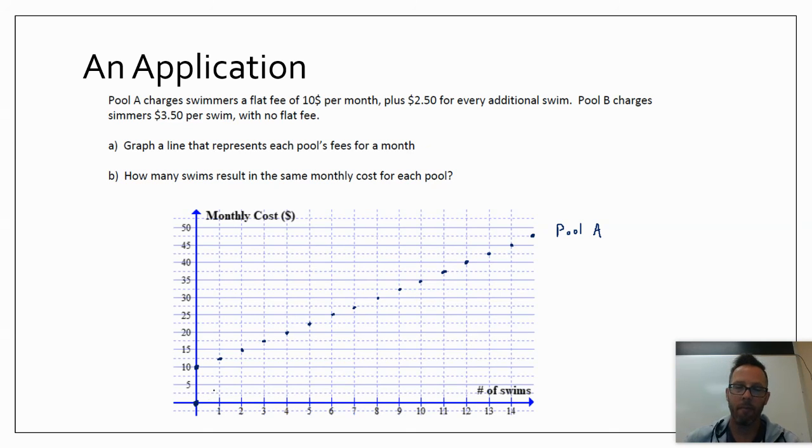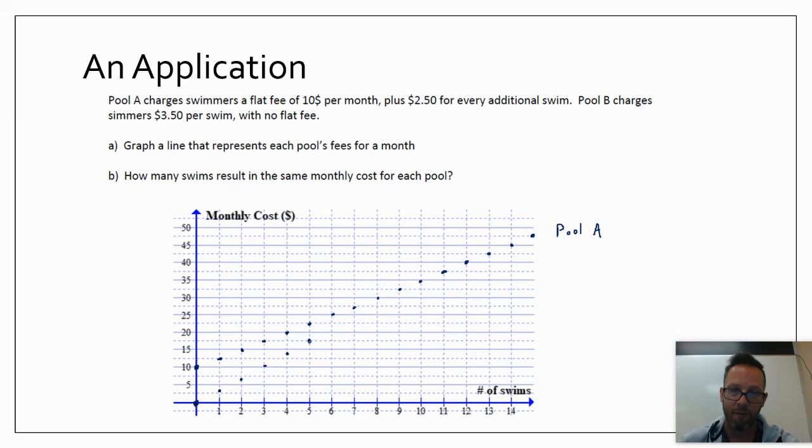Then every additional swim is $3.50. So we just have to keep a mental track of each point here. So this will be about $3.50, and then $7, just below $7.50, and then $10.50, $14, $17.50.